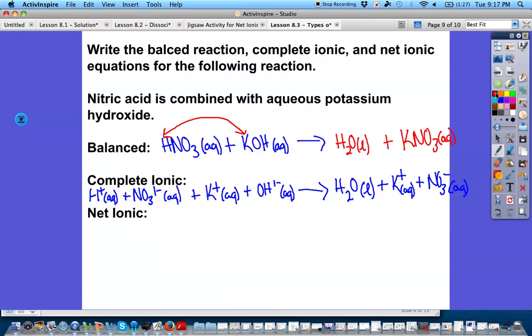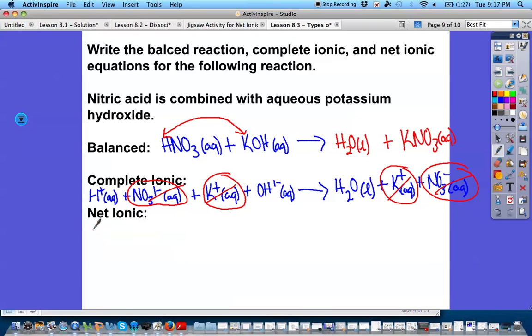Okay, so now we need to go through and see what's the same. Well, I don't have hydrogen ions on both sides, so I'm going to skip over that. I do have nitrate ions on both sides. And I do have potassium ions on both sides. I don't have hydroxide. These look exactly the same, so those are going to be my spectator ions that we cross out.